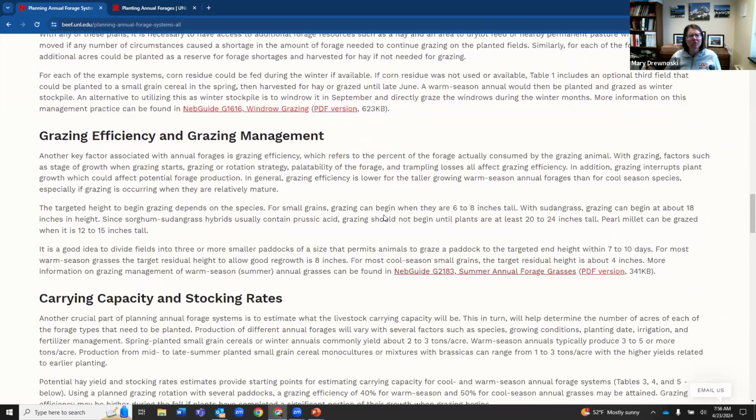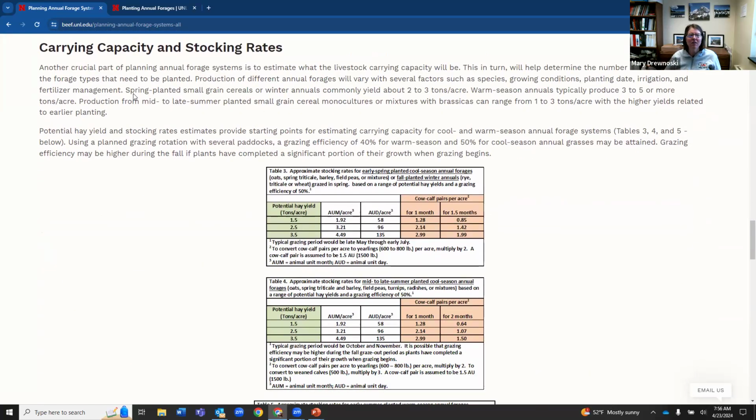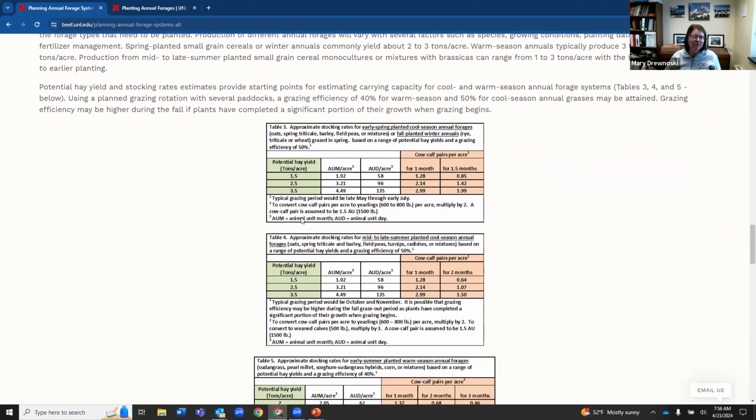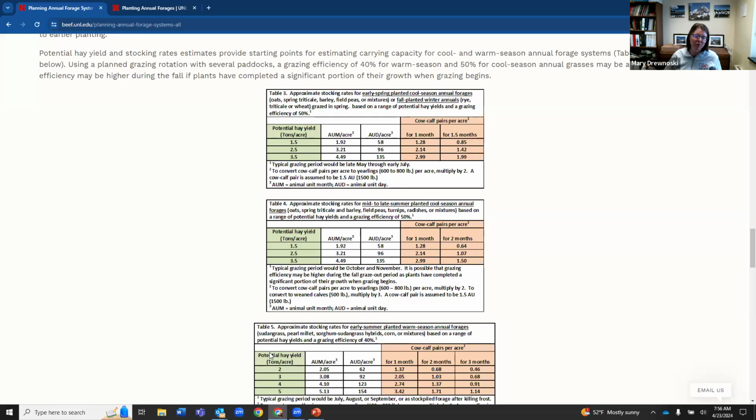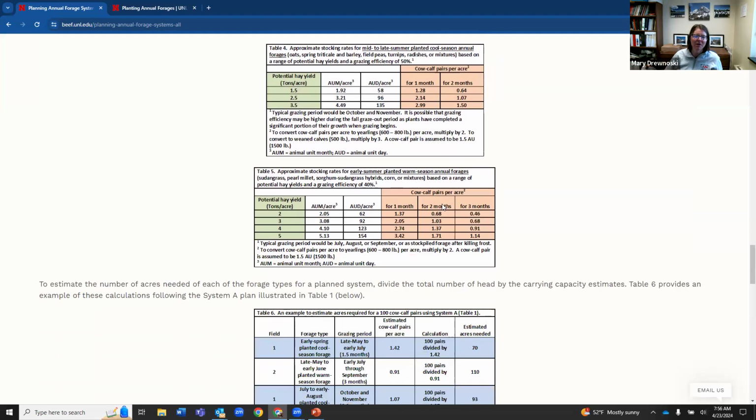But it also gives you some ideas of how you might calculate your carrying capacity and stocking rates for these various forages, really depending on what types of yields you might have been getting from hay in your area. So even if you haven't planted these before, you could probably talk to your local educator and ask them about expectations in your region, given your situation, to give you some ideas of carrying capacity.